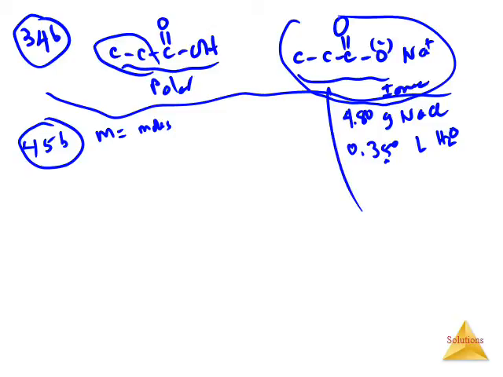So molality is given by moles of sodium chloride divided by, because sodium chloride is the solute, kilogram of solvent, kilogram of H2O. Now from grams I can easily calculate moles.